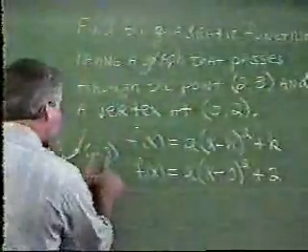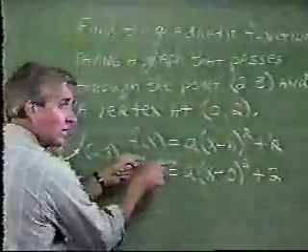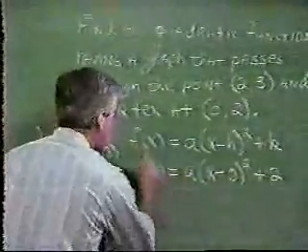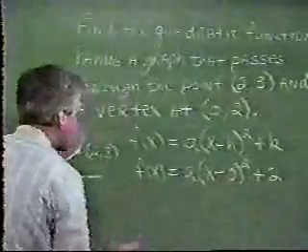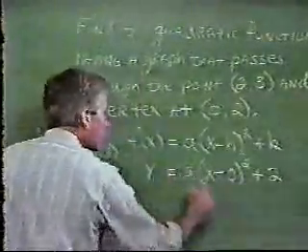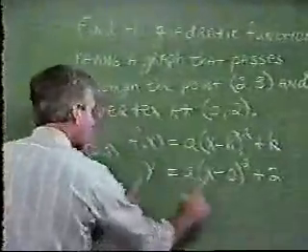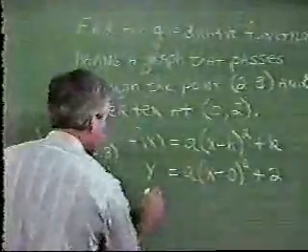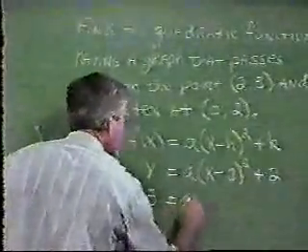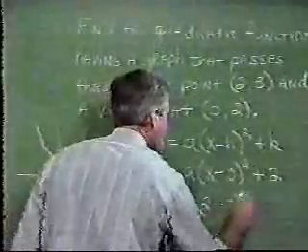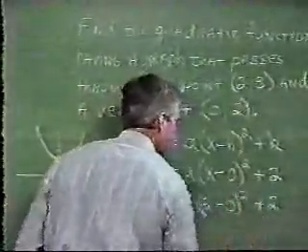This is an xy pair that causes that equation we're building to be true. f of x can be written as y, and this xy pair can be represented by this x and y. All right, so let's do that. We'll have 3 equal to a times (2 minus 0) squared plus 2.